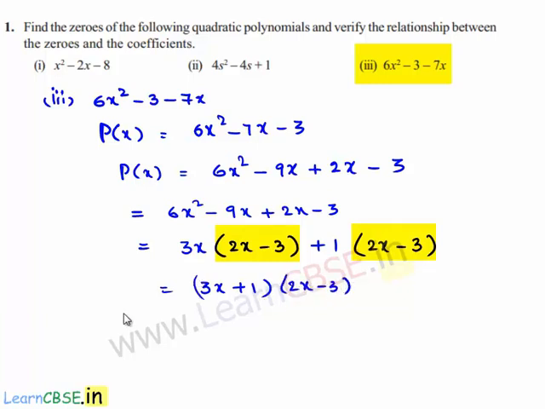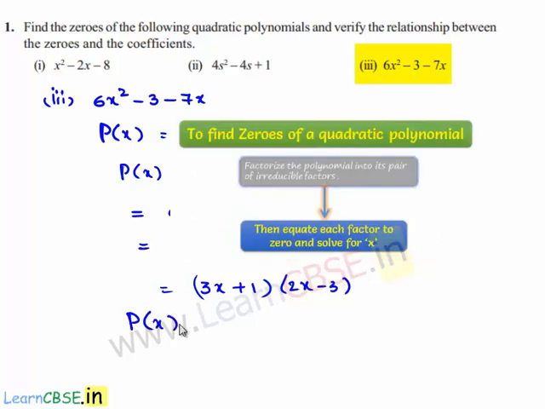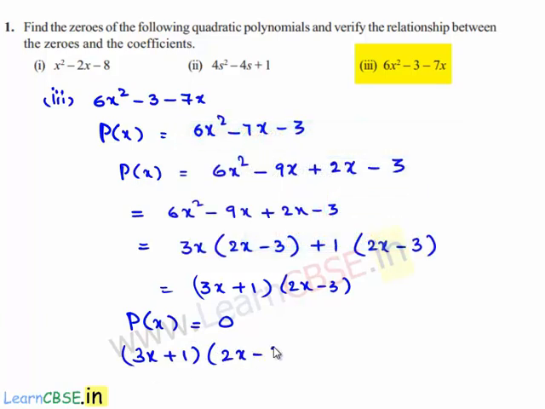In order to find the zeros of the polynomial, we need to equate p of x to 0. We will be getting 3x plus 1 times of 2x minus 3 is equal to 0. Therefore 3x plus 1 is 0 and 2x minus 3 is also equal to 0.